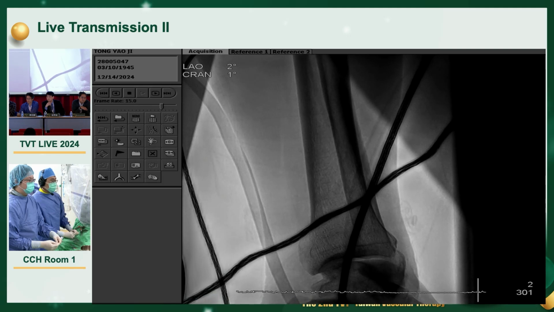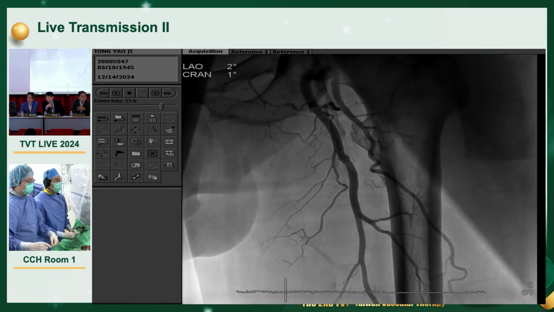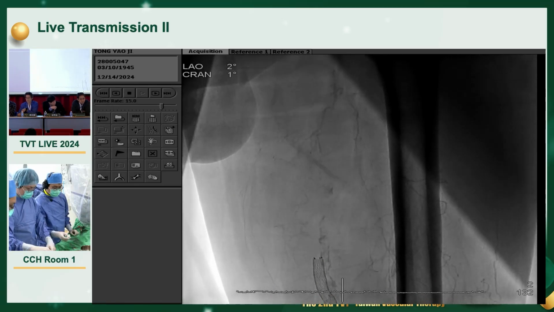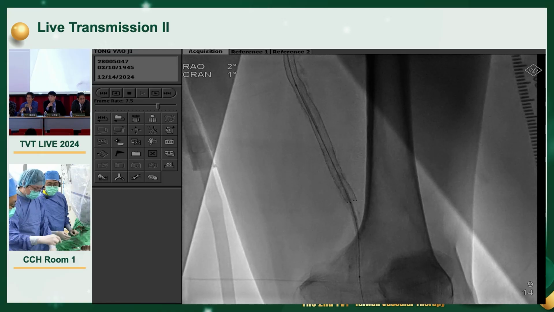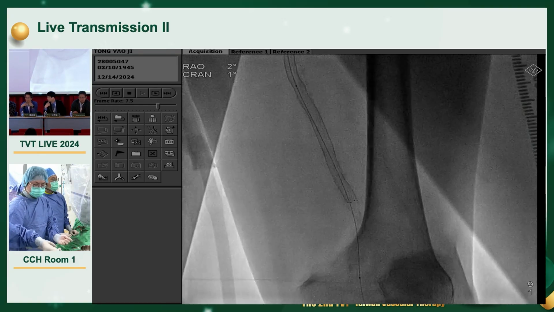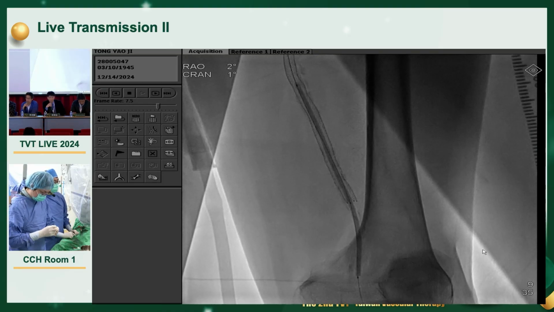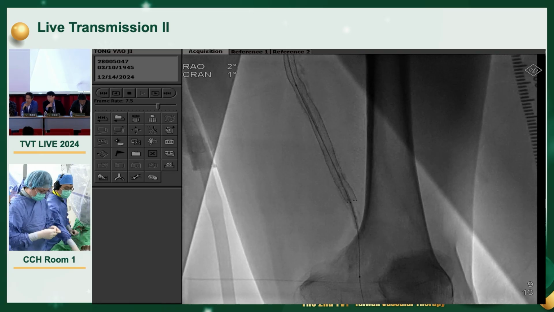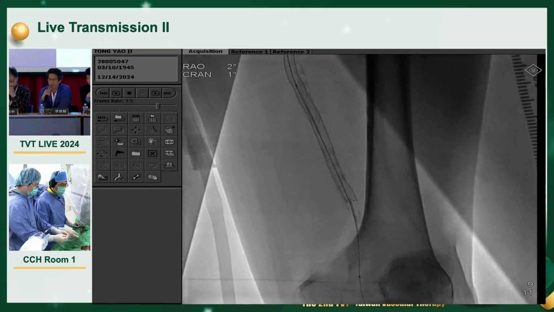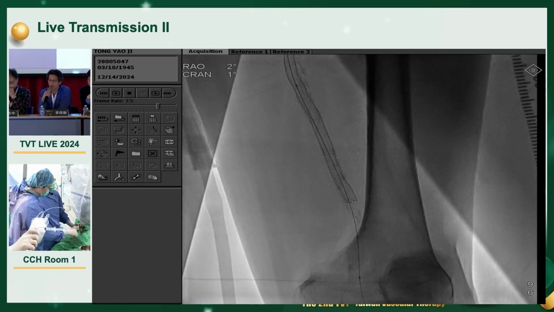So our strategy today, we need your opinion. Does anyone have a comment for this case? Okay, Dr. Yang, I'm Dr. Lee. I'm not very sure that the previous angio was a CTO. No, last year it was a severe stenosis, not CTO.